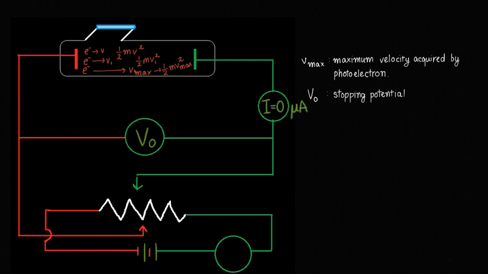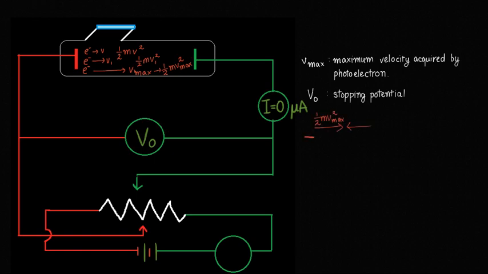So what is this stopping potential doing? It is doing some work to stop these electrons. The work done by the stopping potential should be equal to the kinetic energy.